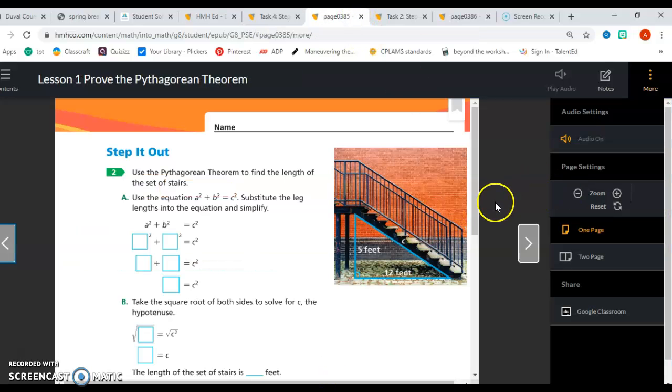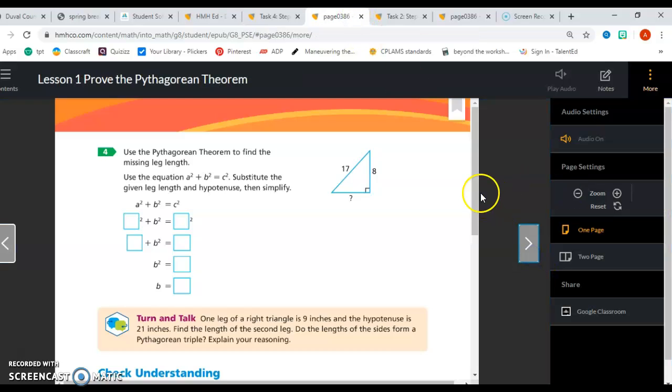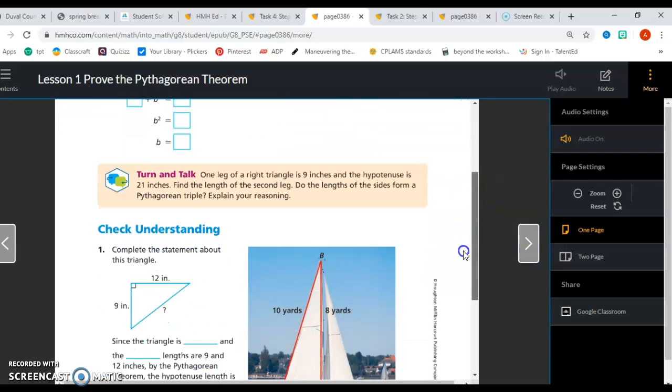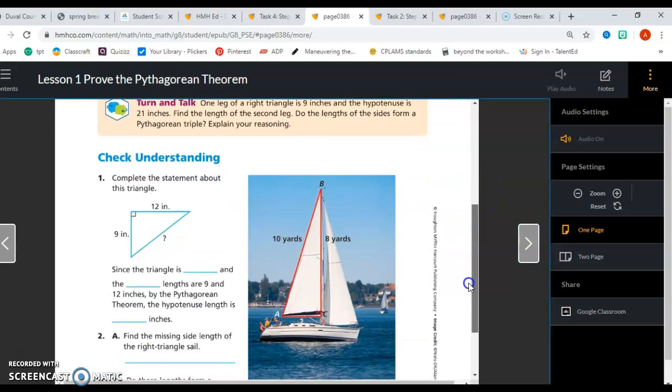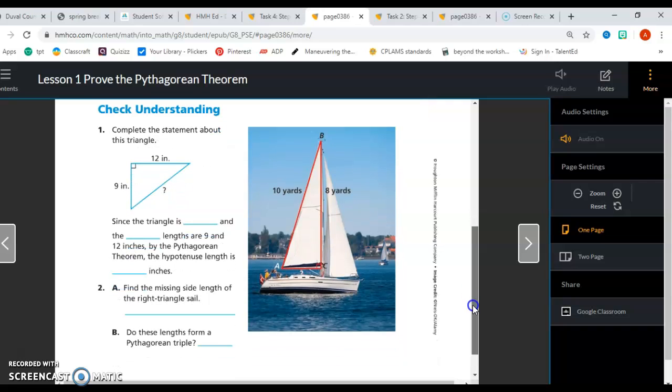So in order for you to solve the check your understanding on your own, it's asking you to complete these fill in the blanks. Complete the statement about this triangle. Given the measurement of 12 and the measurement of 9, we need to solve for that missing side. Since the triangle, we want to ask ourselves, is it or is it not a right triangle? Fill in the blank.